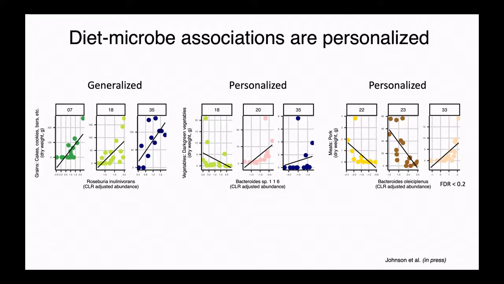But there were other associations, such as dark green vegetables being negatively associated with this microbe in some people and positively associated in others, and pork being negatively associated with that microbe in some people and positively associated in others. So the story is much more complex than we had anticipated, in that it does seem that food choices do predict what's going to happen to your microbiome, but in a personalized way.